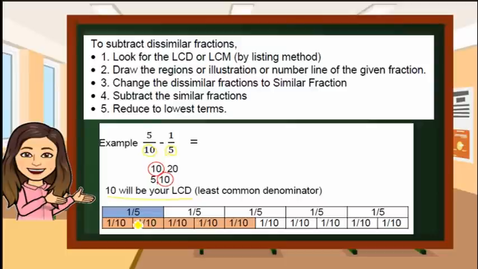Here, if we subtract 1/5 from 5/10, we will cross out this part, which is equivalent to 1/5. So what is left here is, how many tenths? 1, 2, 3.